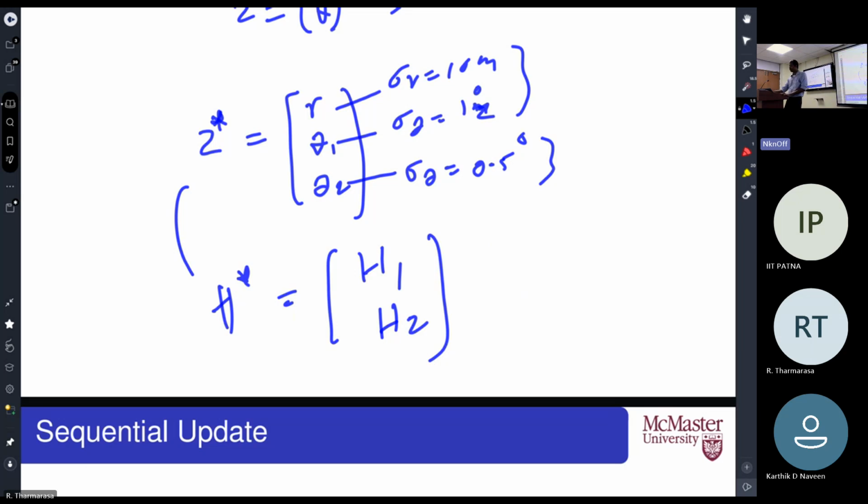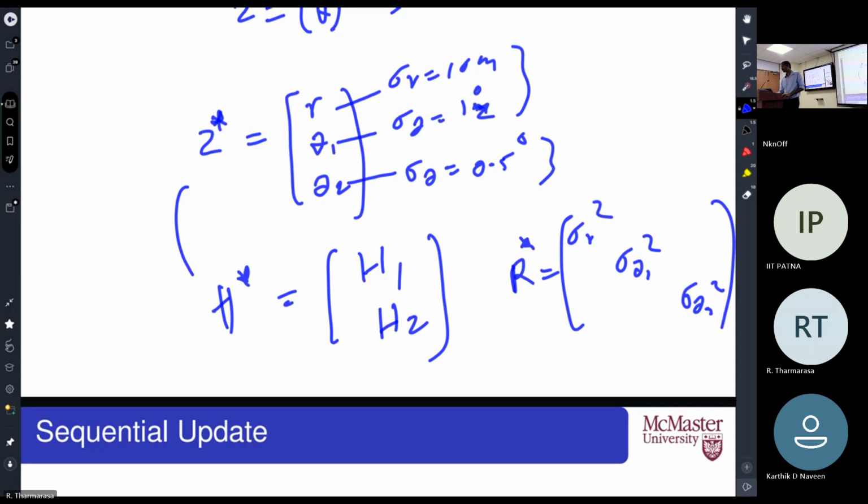And the R is also R star, like that, right? Sigma r squared, sigma theta 1 squared, sigma theta 2 squared. Okay? Then after that, this is the normal Kalman filter problem. Once you formulate it like this, you update with the normal Kalman filter.